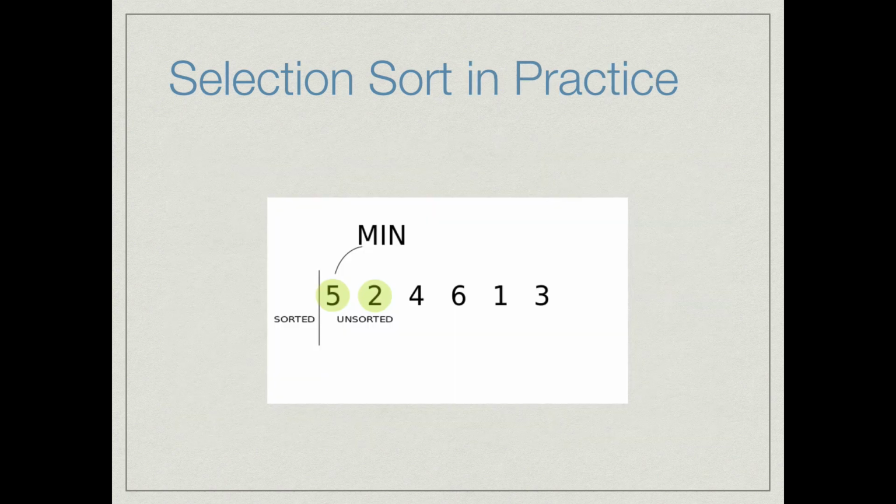In practice, here is a little animation that's going to show you what's going on, and hopefully that will help clear things up. So in this animation, sorted is the division point. So first unsorted is the unsorted little label there.